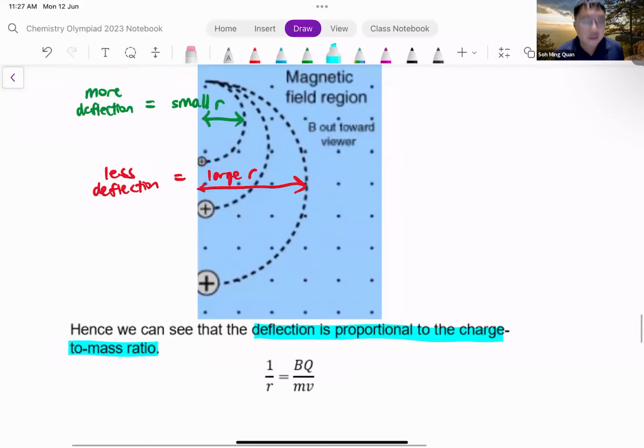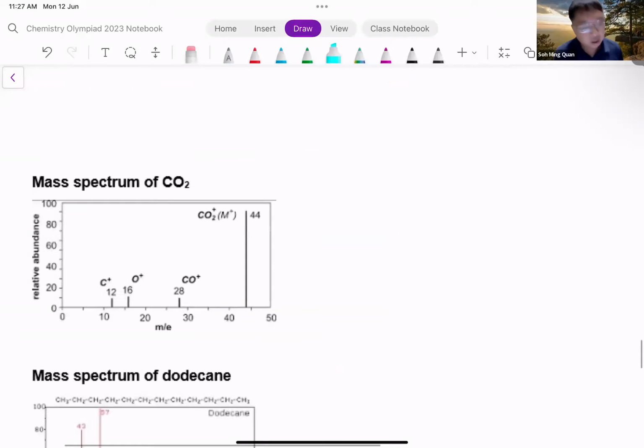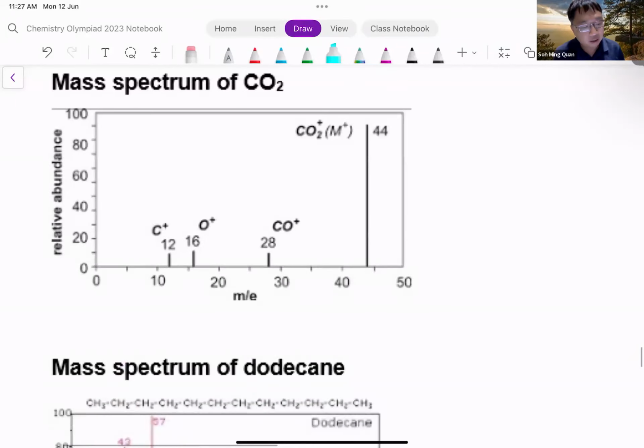For chemistry, we are usually not so interested in equations like these. What we are interested in is the pattern you get at the end of the mass spectrometry. Typically, the mass spectrometer will read out everything and give you a pattern like that. So this is CO2.